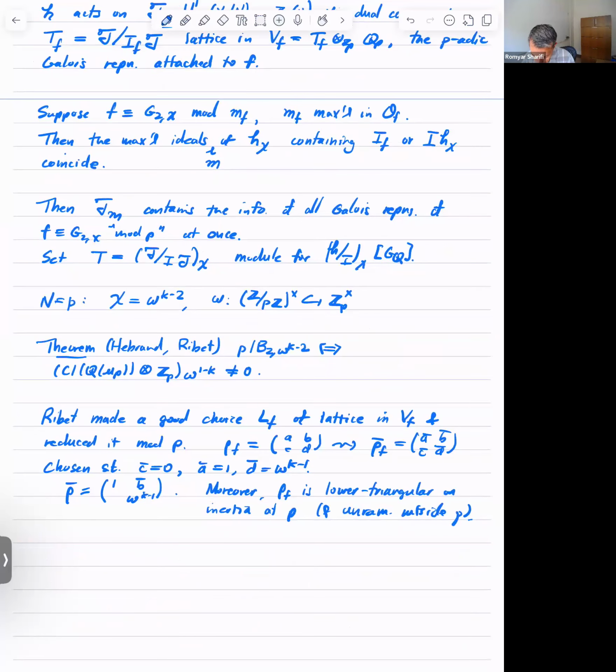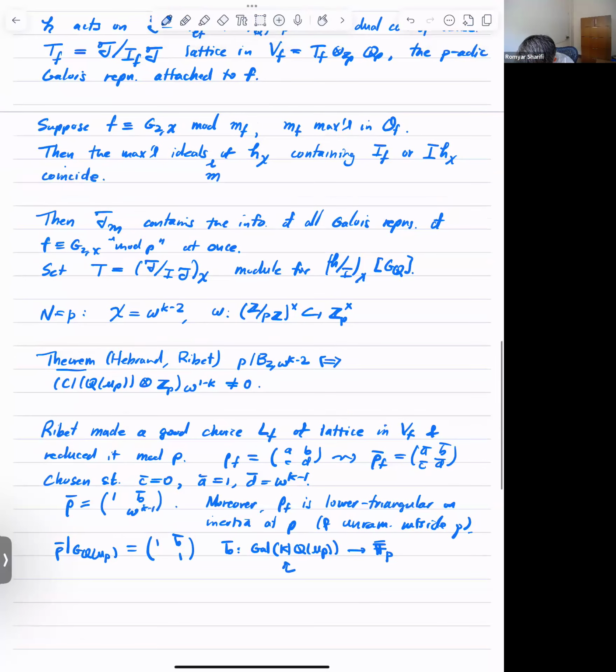Now as soon as you restrict this to the Galois group of Q_P, the omega becomes non-trivial, and you just have a homomorphism, this B bar. B bar defines a homomorphism from some Galois group of some K over Q_P to, let's say, F_P bar, or maybe some number of copies of F_P bar, but let's just say F_P bar, where this is abelian, and K over Q is Galois. A Galois element, let's say delta in Gal(Q(mu_P)/Q), will now act.